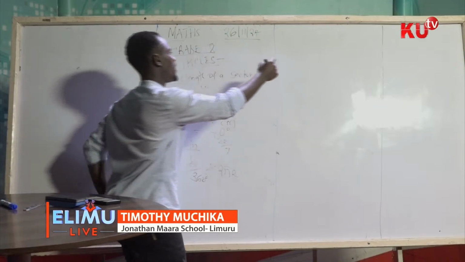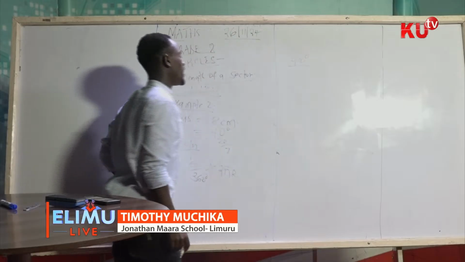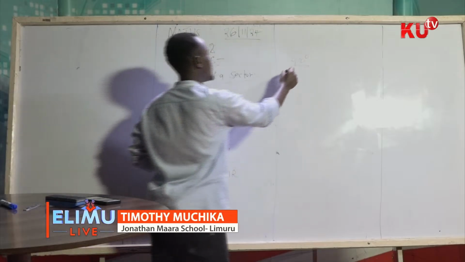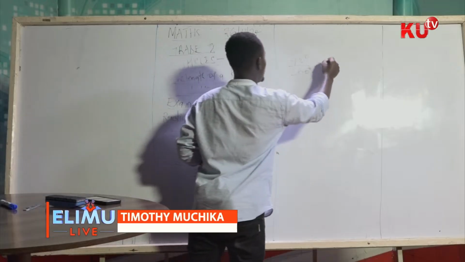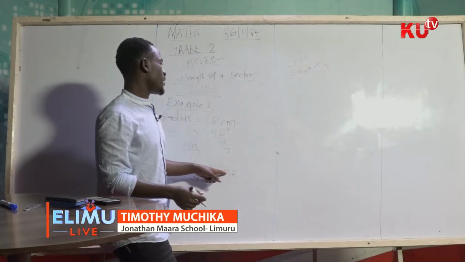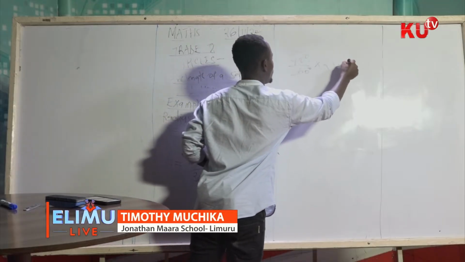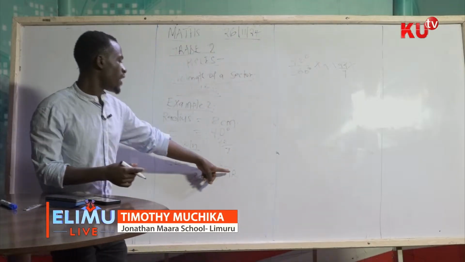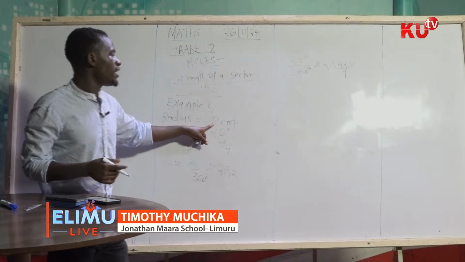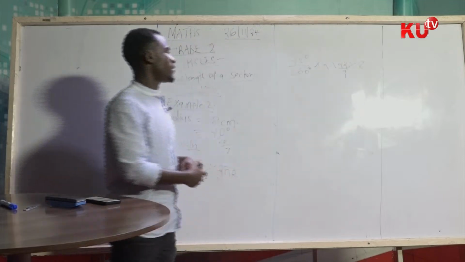So in the place of theta we substitute 40 degrees and divide by 360 degrees and multiply by 2, and in the place of pi we write 22 over 7, and in the place of r we have been given r here as 8 centimeters.